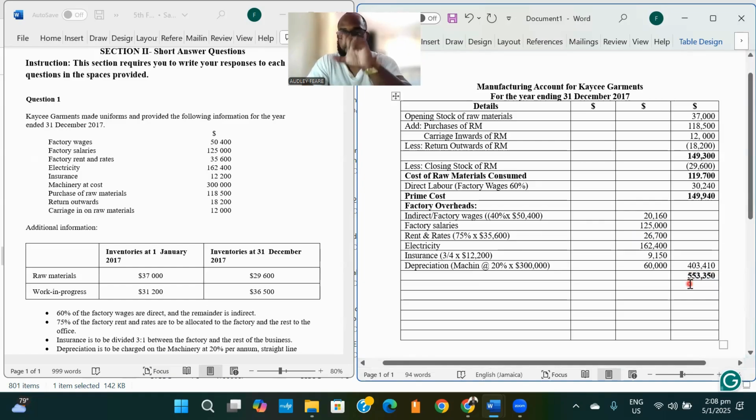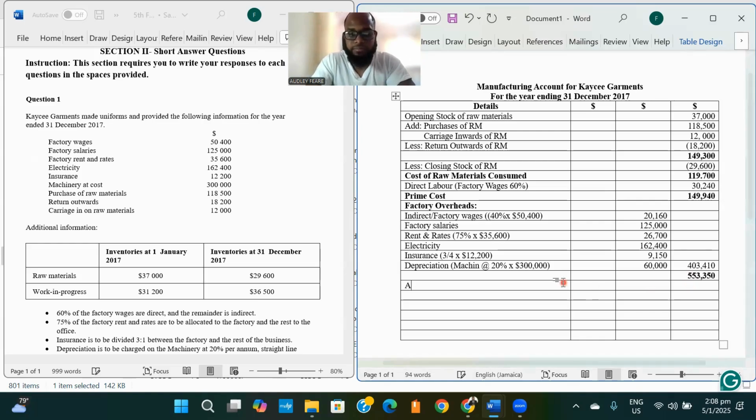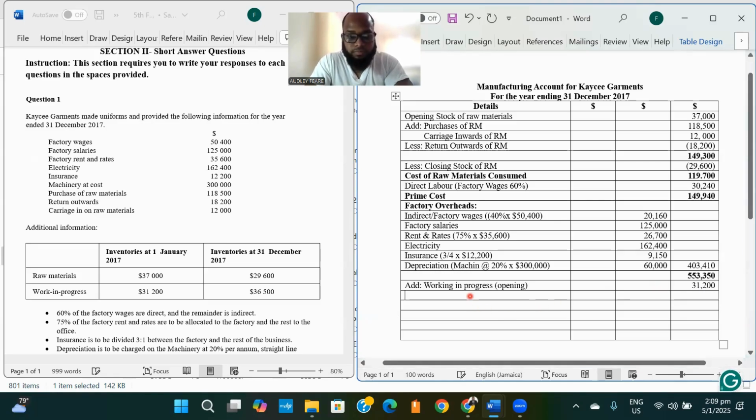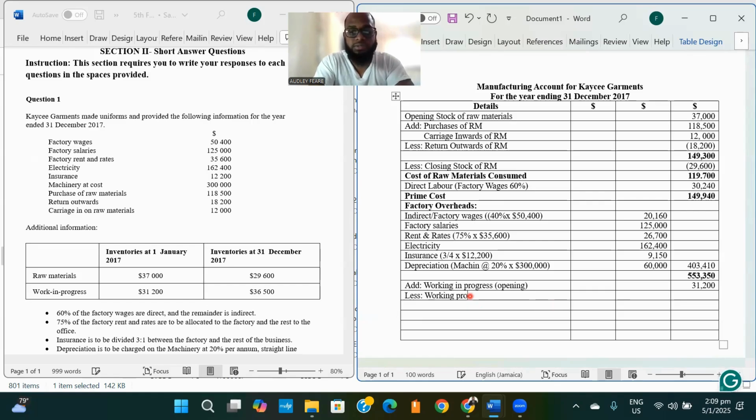But now we want to find the total cost for the production. So we're going to add our work in progress, which is opening. And the opening work in progress was 31,200. And less work in progress, closing.